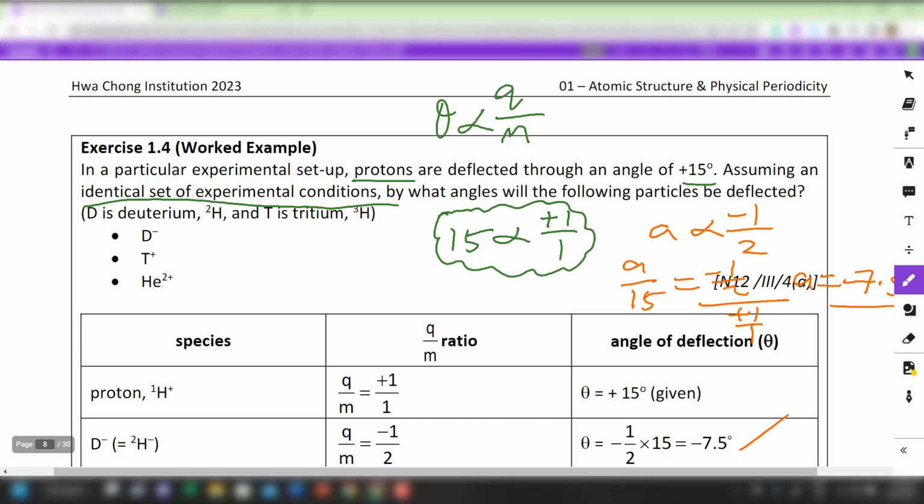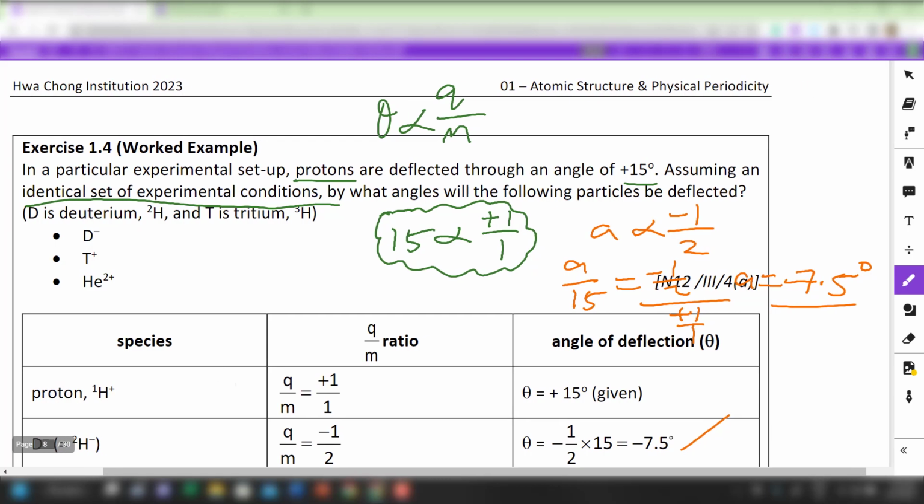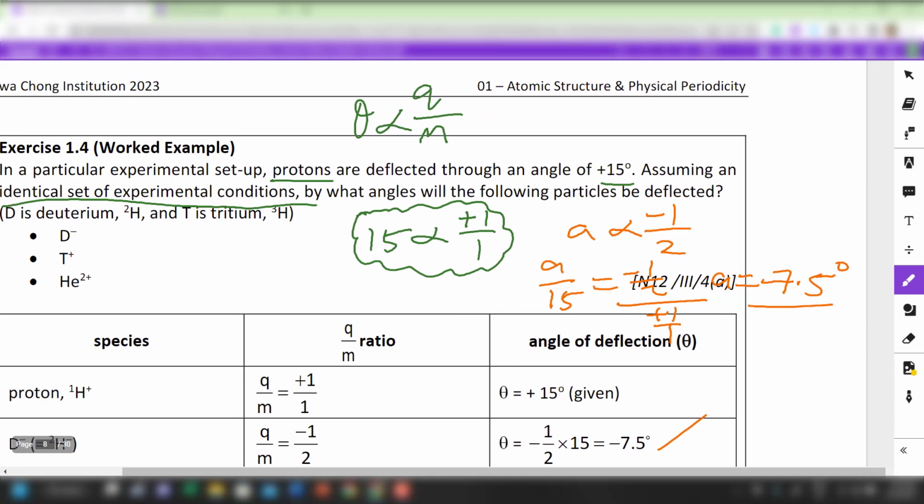What about tritium? Tritium has 3 times the mass. For tritium, same thought process. Maybe I can change to red, and I will just use an eraser. For tritium, it has a plus 1 charge, so we cancel this, and then cancel this as well. So it's plus 1 charge, plus 1 divided by 3, and we let the angle be A as well.